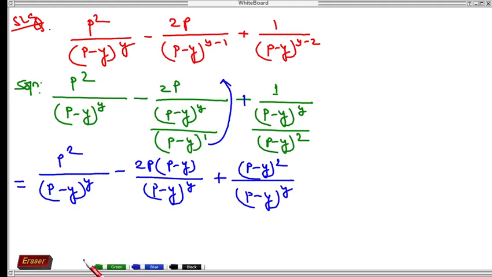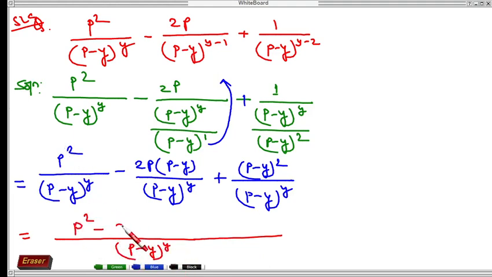And the next step is (p − y)^y is the common denominator, and the numerator remains the same: p squared minus 2p(p − y) plus (p − y) whole square.